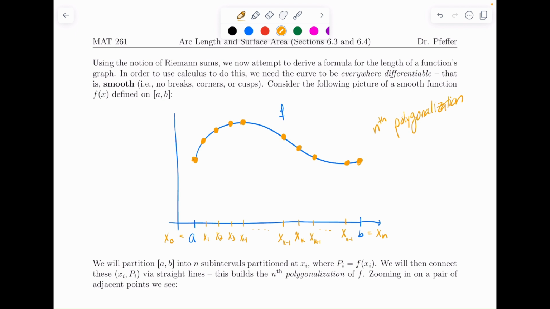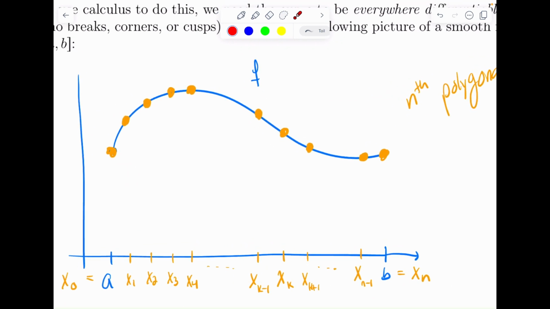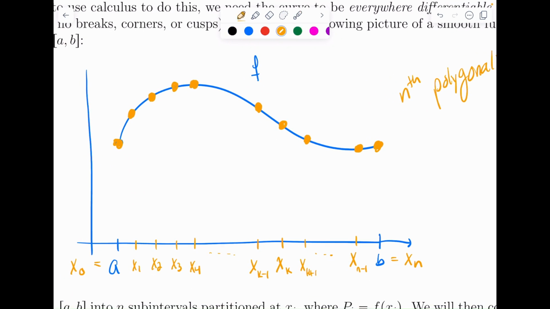And if I want to try to compute the length of the blue curve, instead, as an approximation, I'm going to consider the nth polygonalization, where n denotes how refined our partition is here. And all that's going to amount to doing is taking the connect the dots version of our function. So here we are, we'll connect the dots in some controlled way. There you have it.